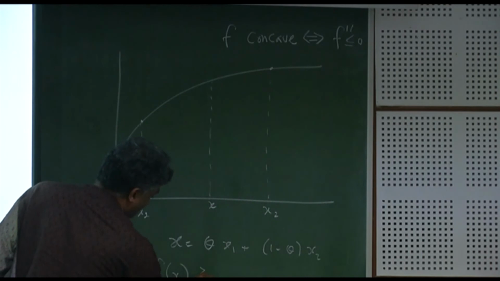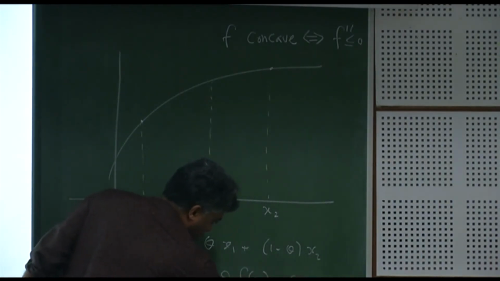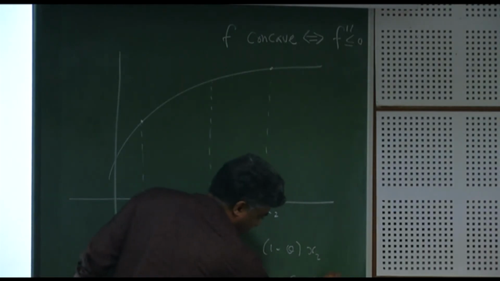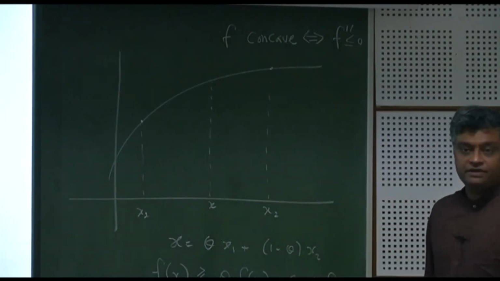It's greater than or equal to theta times f of x1 plus 1 minus theta times f of x2. That's the definition of concavity.